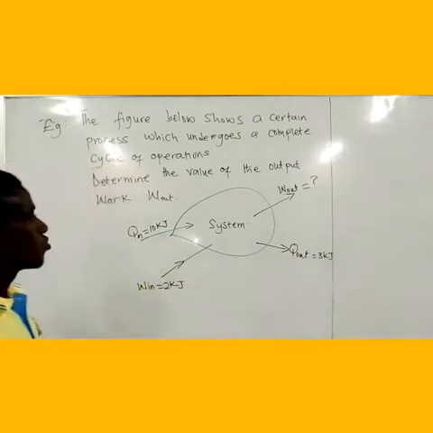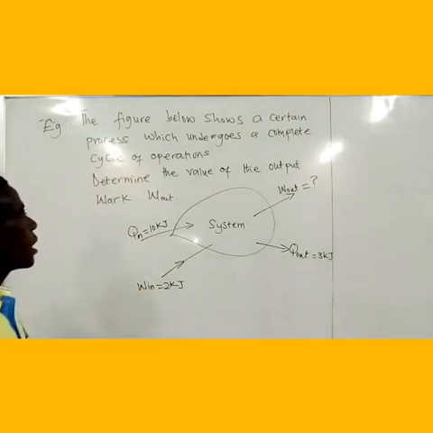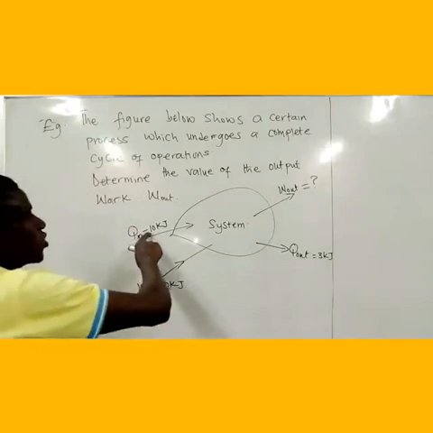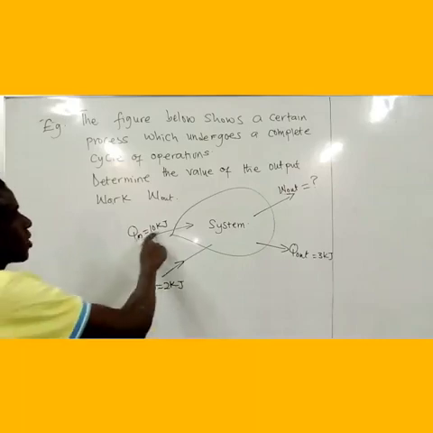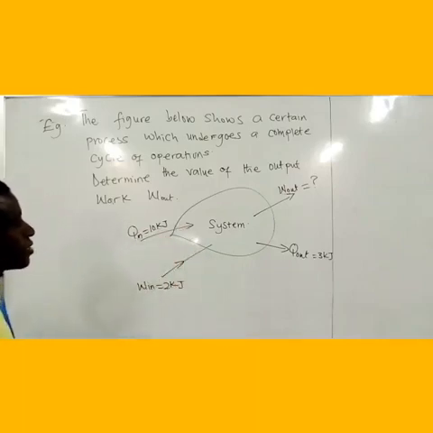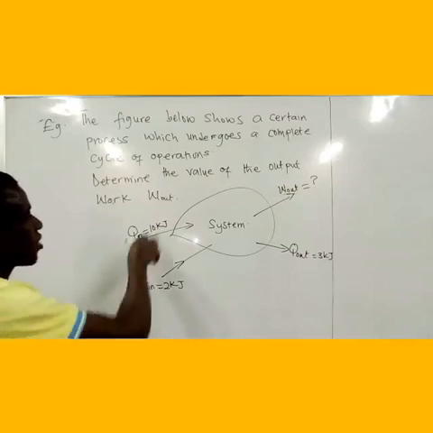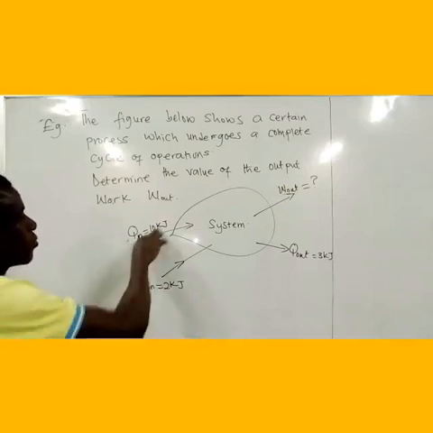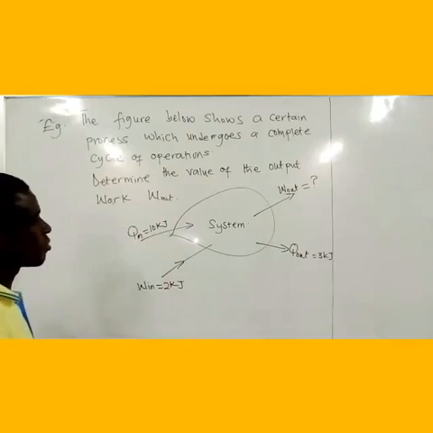Now, to solve this problem, we have to know whether the heat here is positive or negative. Heat is supplied to the system. We have to use the sign convention to assist ourselves in solving the problem. So let's look at this carefully.